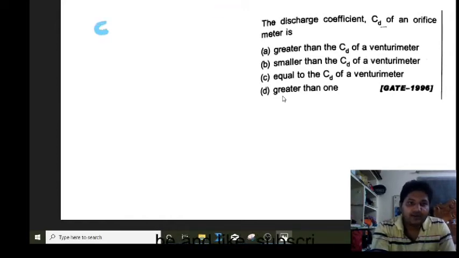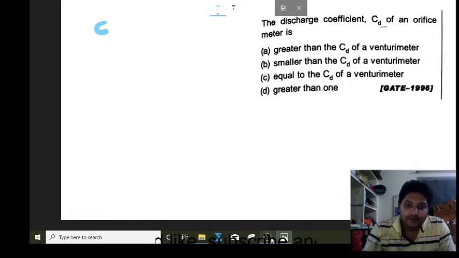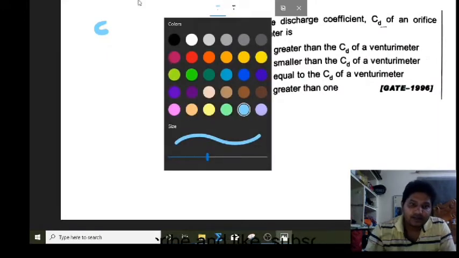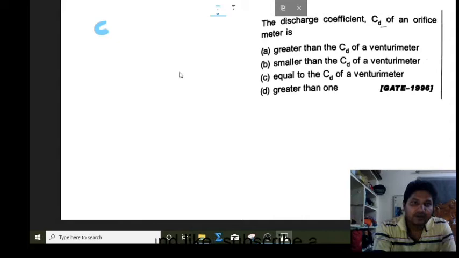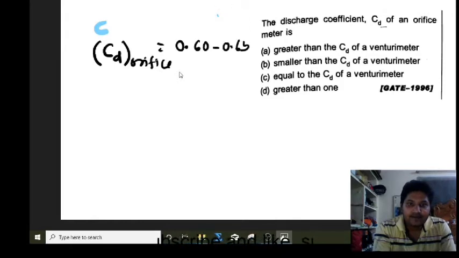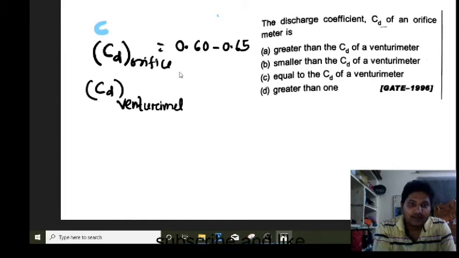The orifice meter discharge coefficient is generally taken between 0.60 to 0.65, and the discharge coefficient of the Venturi meter is generally taken as 0.95 to 0.99.